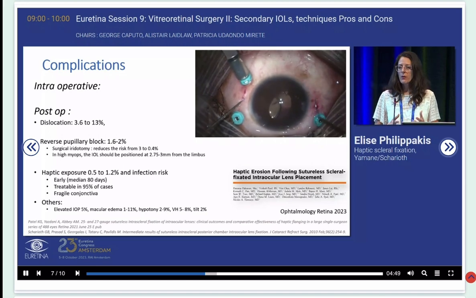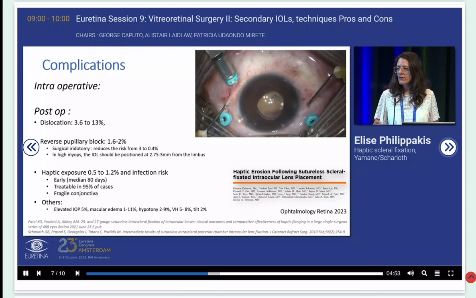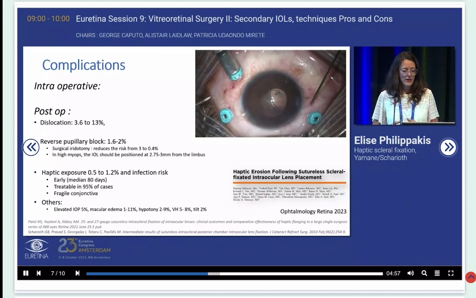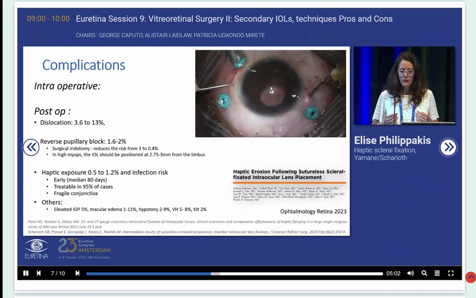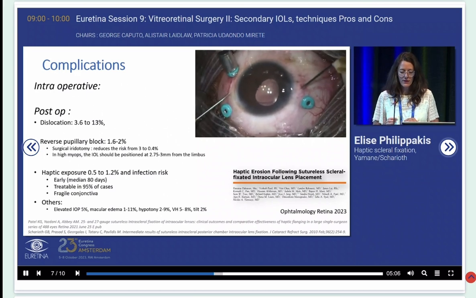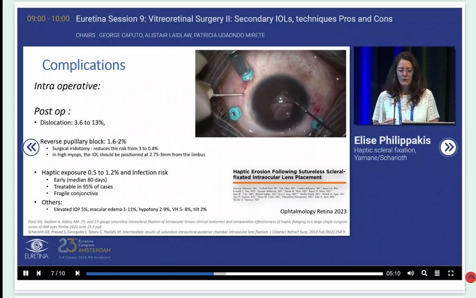And the other problem is the haptic erosion. Of course, you will have to see them for their whole life because you are at risk of haptic exposure. But actually, this risk is not so frequent, about 1%. And if you plug inside the scleral tunnel with the Yamane technique, you should avoid it. And it's really treatable. You can take it off, retrim, and put it again.